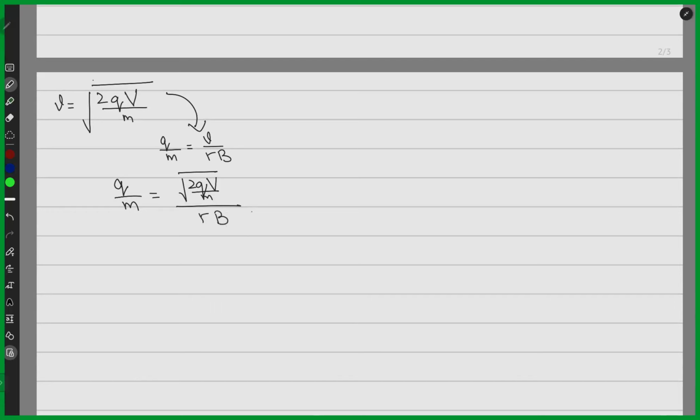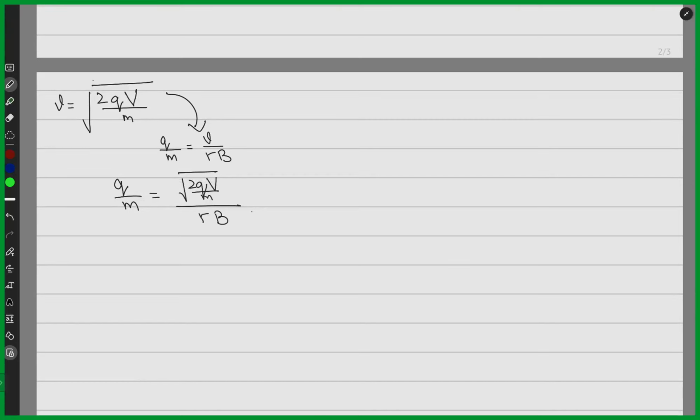But this is not quite right still. Why? Because you can see that you still have a charge on both sides of the equation. On the right hand side, it's under a square root. On left hand side, it is just sitting up there.